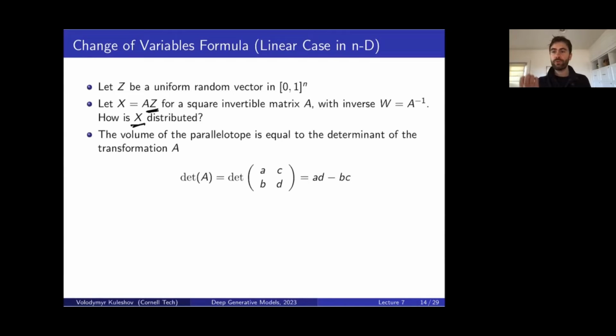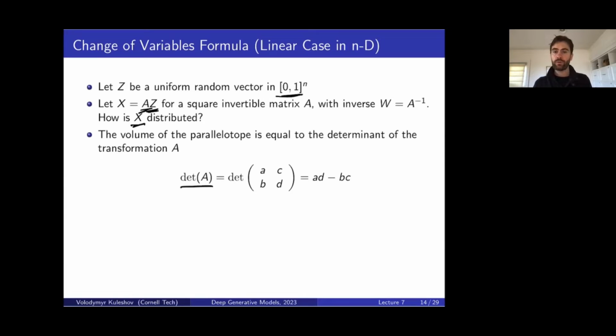So X is going to be uniform, but its support will be different. Its support will not be the hypercube. Its support will be the parallelotope that is defined by the matrix A. And so what is the volume of the parallelotope? Well, as I just told you earlier, its volume will be the determinant of A.